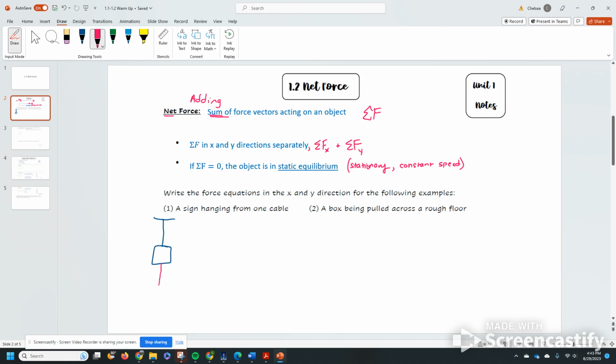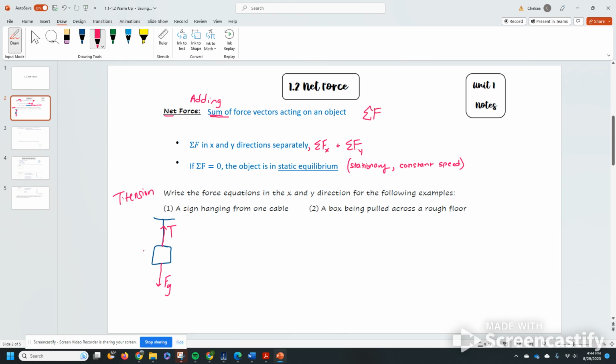Anything that's near or on a planet needs to have a weight vector. So we've got the weight, force of gravity pulling down. And the reason it's not falling towards the earth is because it's being pulled up by this cable. I'm going to label that T for tension. If you have a cable or a rope or a string, you can label it T for tension.